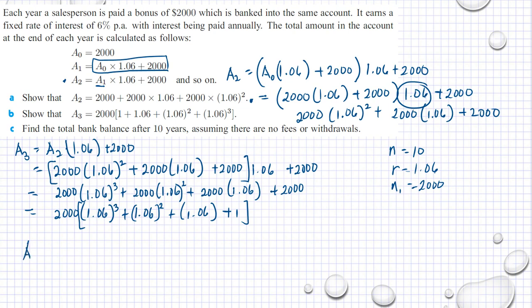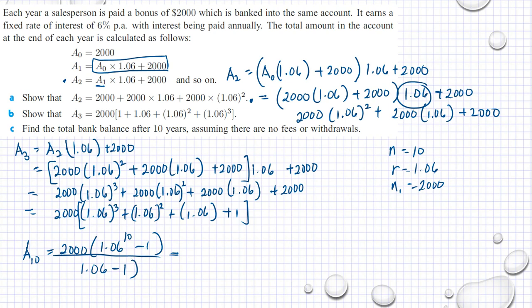So our A sub 10 is equal to, we have, find the total bank balance after 10 years. Then we have 2,000 multiplied by 1.06 raised to 10 minus 1 divided by 1.06 minus 1.